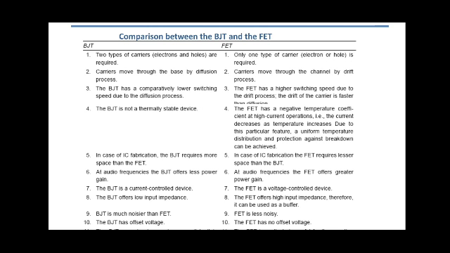So a FET will give you high input impedance compared to a BJT. Okay, so as you are having high input impedance in FET, you can use a FET as a buffer.